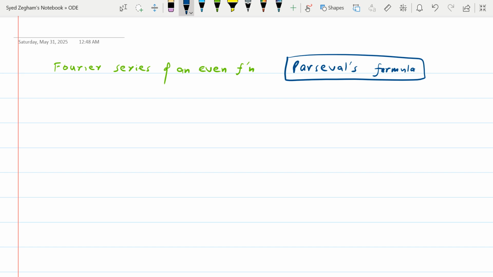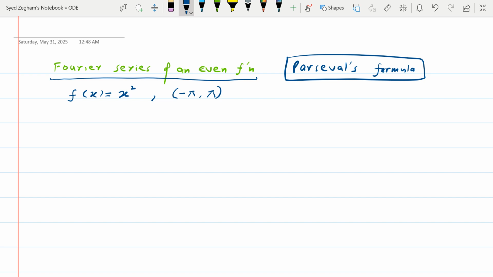So, if you remember, in the previous video, we took one function f(x) as x square, which is an even function, and this was defined on the interval minus pi to pi. For this function, we calculated the Fourier series.